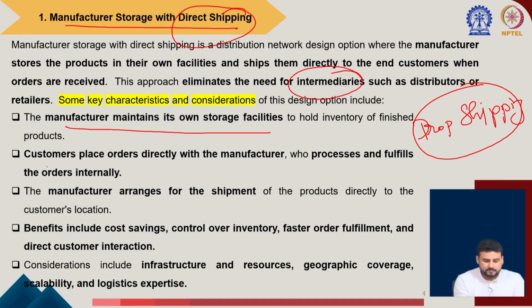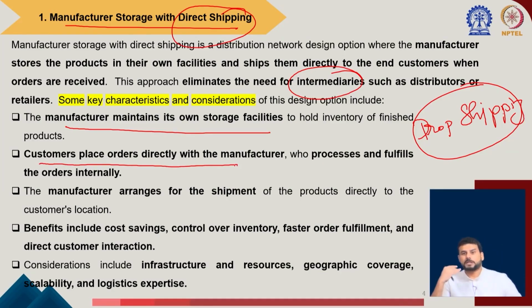First point. Customer places the order directly with the manufacturer, and then the manufacturer processes and fulfills the order. So you have more control and visibility about the customer information, when the customer is visiting, when the customer is placing the order, and then the quality of the product. You have direct control over quality, over the delivery, over the packaging, everything, because you are doing it in-house.